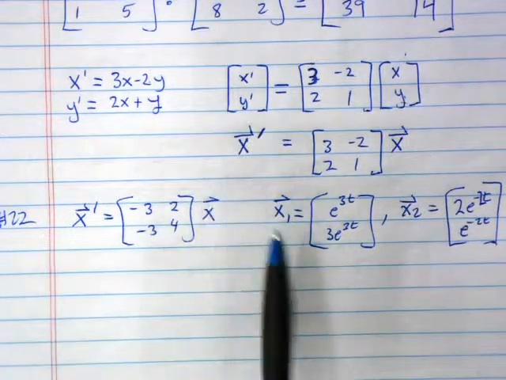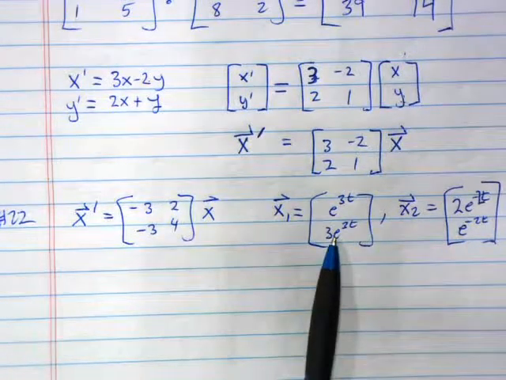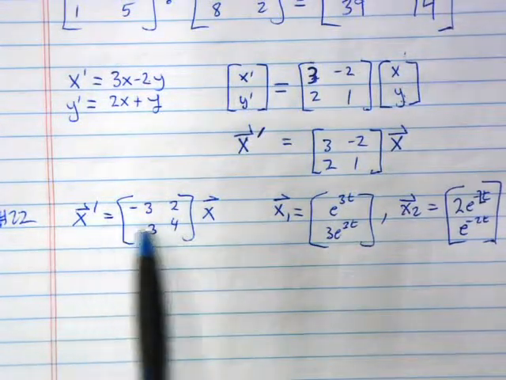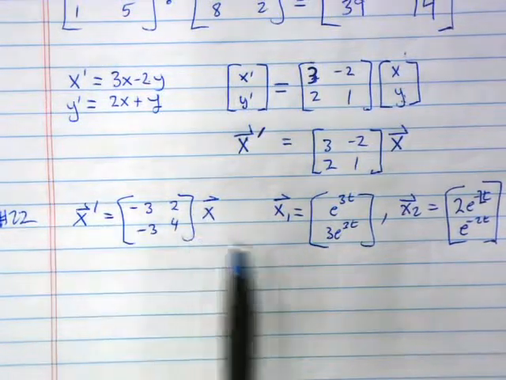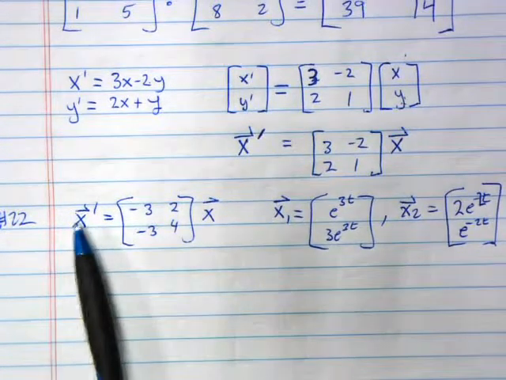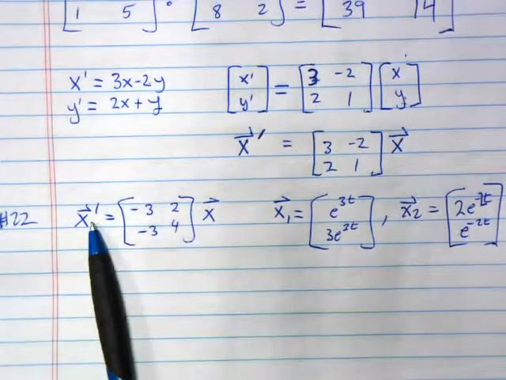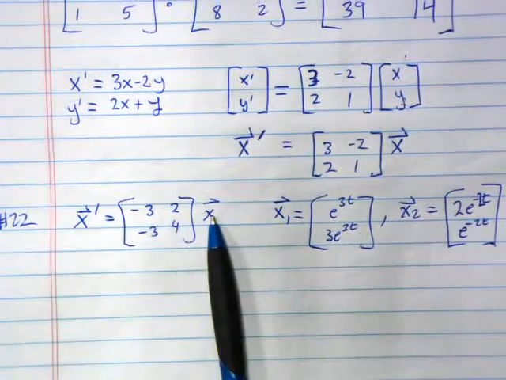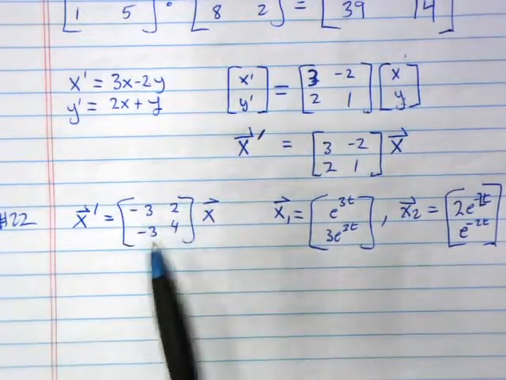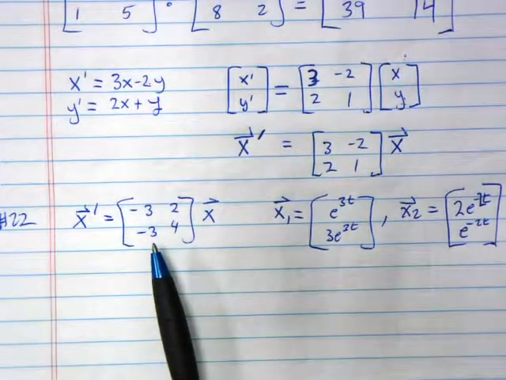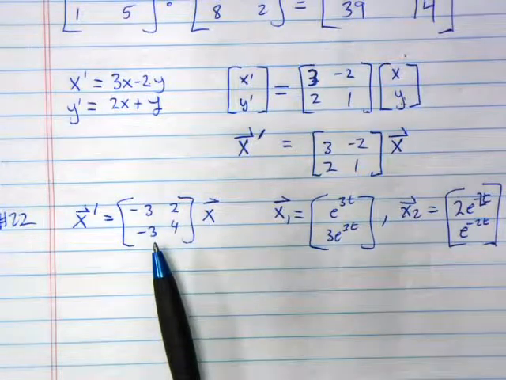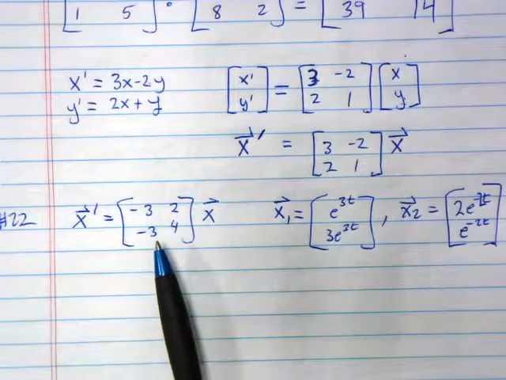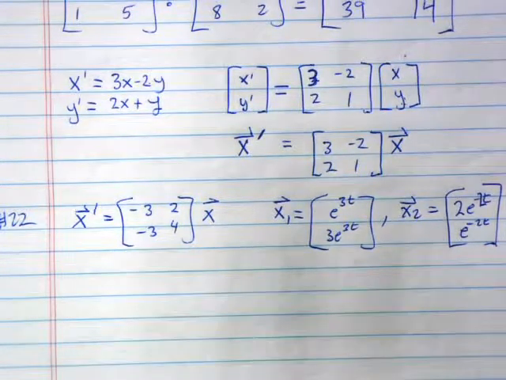How would you prove that x1 is a solution to this equation? Substitute it in. So you're going to take x1, take the derivative, plug in the derivative, and then take x and plug it in there, and do the matrix multiplication. And then what should happen? Equality. You better get the same answer. It's going to happen. All right, so let's try it.